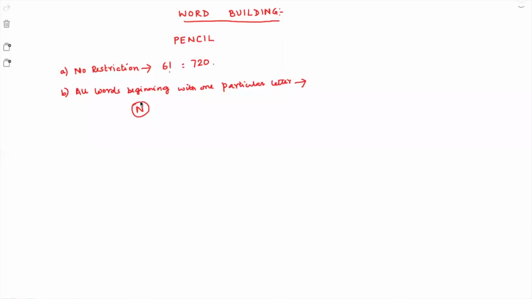There will be no change in the first position. And the remaining 5 positions can interchange themselves. So the 5 letters can interchange themselves in these 5 positions: 1, 2, 3, 4, 5. So if we have all words beginning with one particular letter, which we have considered here to be N, and there are 5 other letters which can rearrange themselves, then the number of ways in this case would be 5 factorial, which is 120.